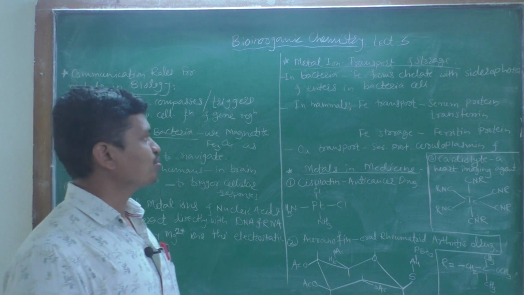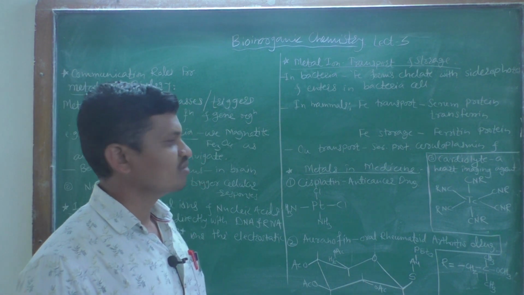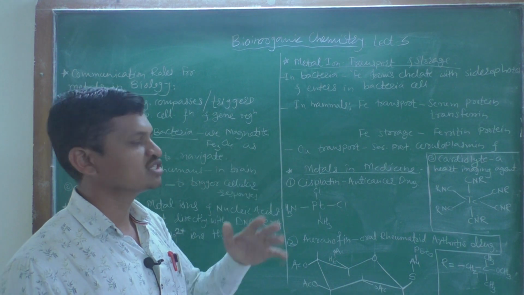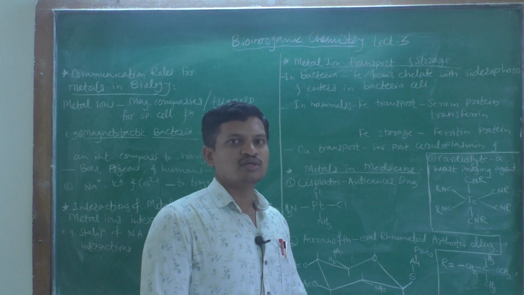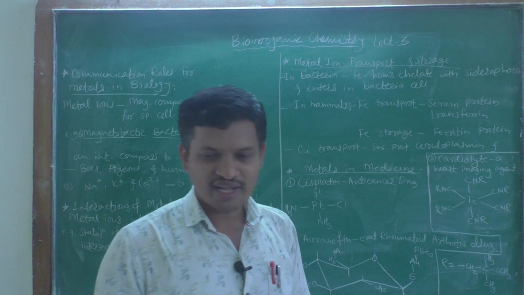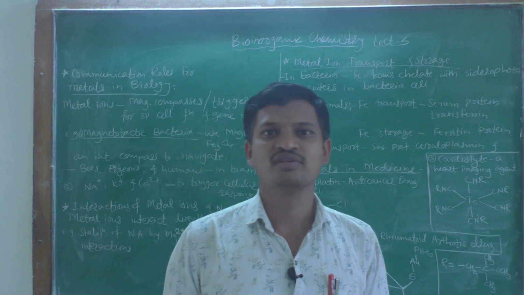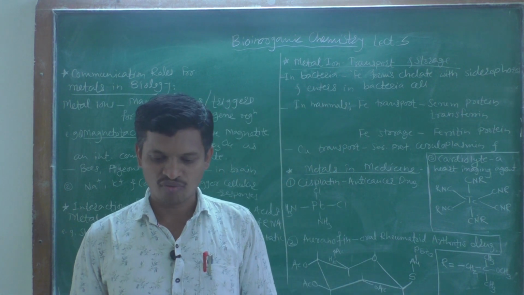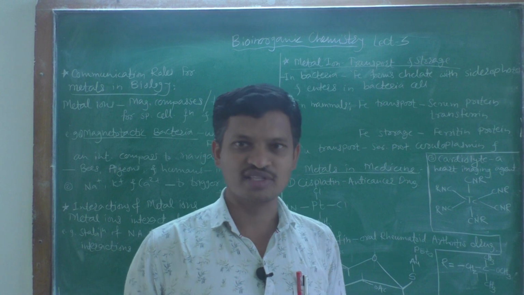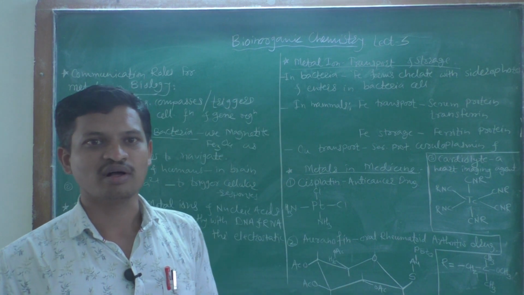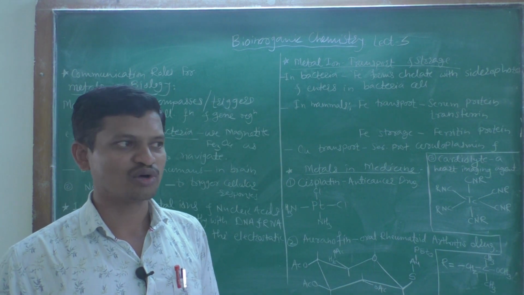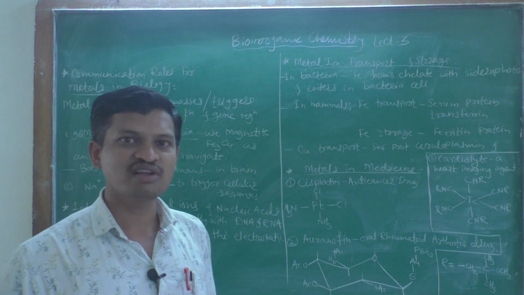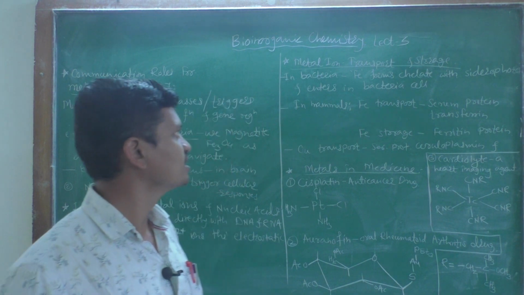Then the next important property of these metal ions, or the function of these metal ions, is in transport and storage. So different metal ions help in transportation and storage of some important biological fluids or biologically important materials which are essential for the life processes.